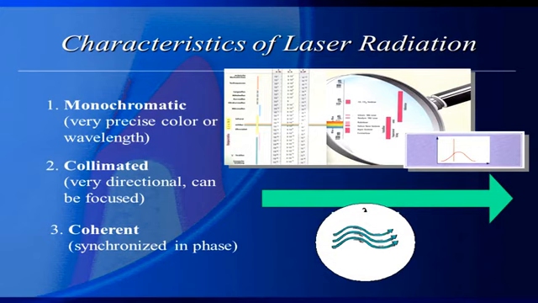Now, sometimes there is some misinformation as to what a laser is or is not. A true laser has 3 properties that it shares with all other lasers. And that is, each laser on the planet is monochromatic, which means all lasers are a precise or specific wavelength.